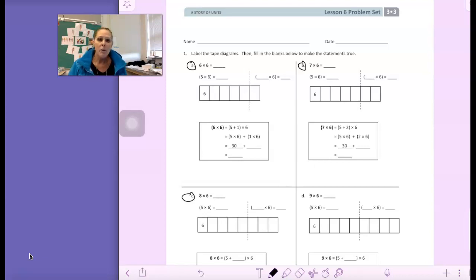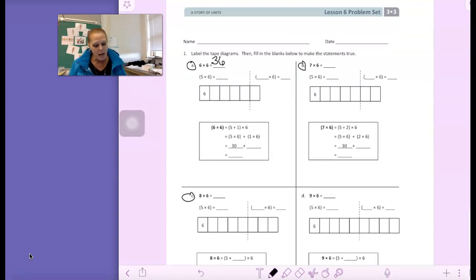And I know that 6 times 6 is 36. Now, if you don't know that off the top of your head, you can go back to your chart and use your multiplication table. You could skip count by sixes, or you can do the distributive property and follow what they have broken up here for you. So we're doing the distributive property by breaking it up into a 5 fact.